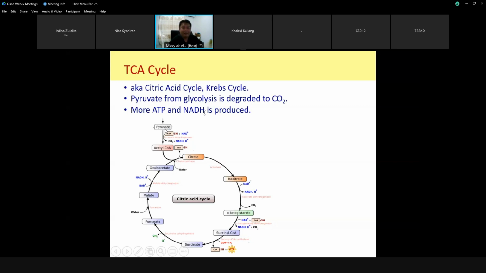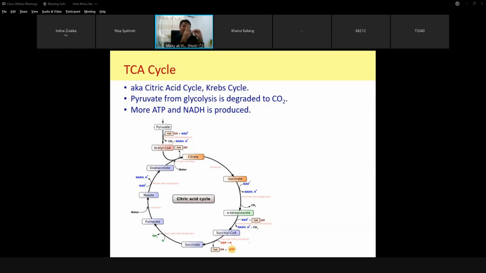Pyruvate berapa carbon tadi? Pyruvate 3 carbon. Ingat lah, 6 carbon of glucose dapat 2 pyruvate. So what happens when pyruvate comes in? The first thing is that it will take one of the carbon away, kan dia 3 carbon. So pergi mana carbon dia? That carbon will become carbon dioxide, CO2. So from 3 carbon dia akan jadi 2 carbon.